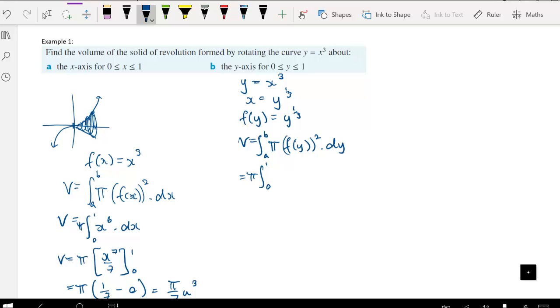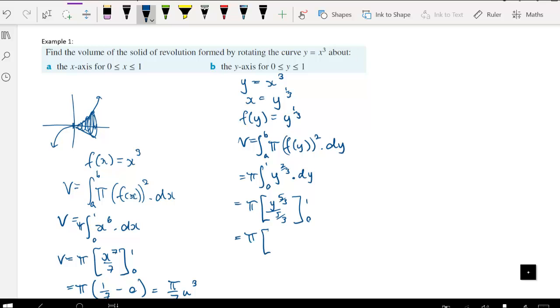We can move the pi in front, and we have y to the power of 2/3, because squaring, we multiply that fraction by 2, with respect to y. So we have pi times the integral of y to the power of 2 on 3, which is y to the power of 5 on 3 over 5 on 3 between 1 and 0.